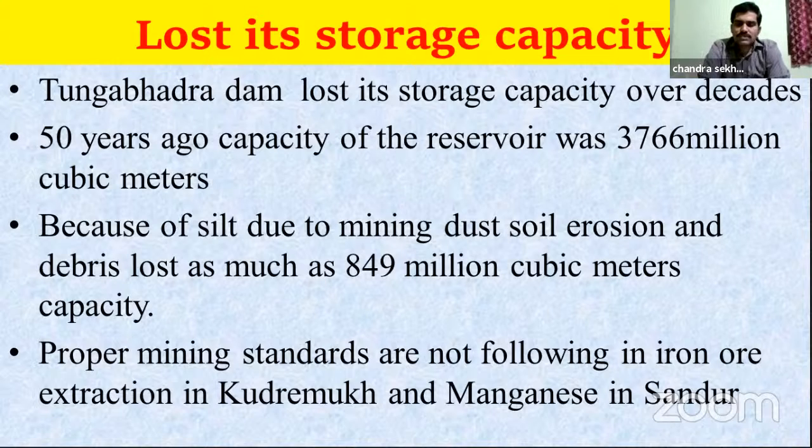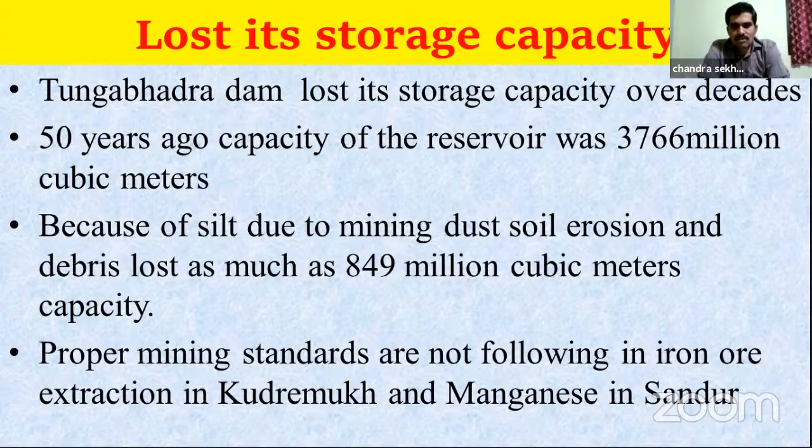Because of the debris coming through the water flow and the lack of forest cover, so much soil erosion is going on. That leads to the deposition of silt in the dam riverbed, and that leads to the reduction in reservoir capacity.